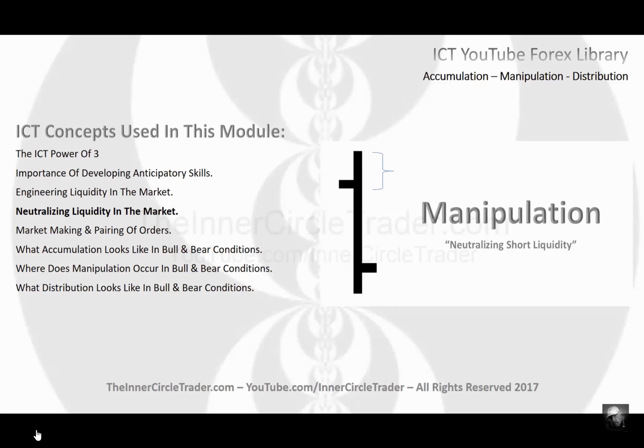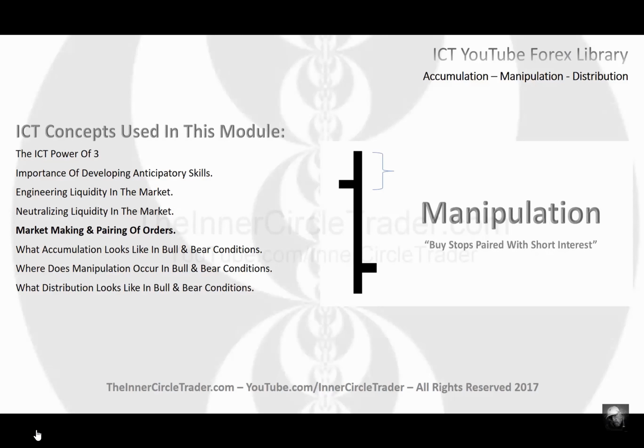That buy stop hits the market as a market order, and smart money will sell to their willing buy stop. In other words, if the market trades up to your buy stop, that buy stop becomes a market order to buy at the market. Smart money will be counterparty to that. They will sell to those buy stops, but their sell position is to ride it lower and make money.